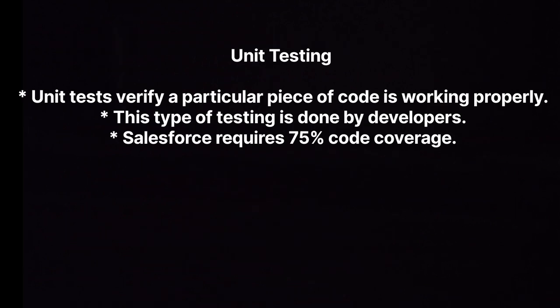In unit testing, unit tests verify whether a particular piece of code is working properly. This type of testing is done by developers as they build code, and Salesforce requires 75% code coverage. Code coverage indicates how many executable lines of code in your classes and triggers have been exercised by test methods.